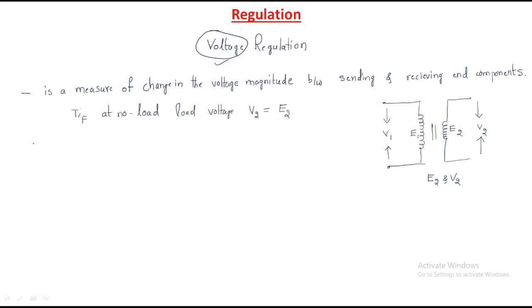If on full load condition, or any load, the secondary induced EMF E2 can be written differently. We can write the relation between induced EMF and voltage like this. The induced EMF E2 acts as a source for this circuit.